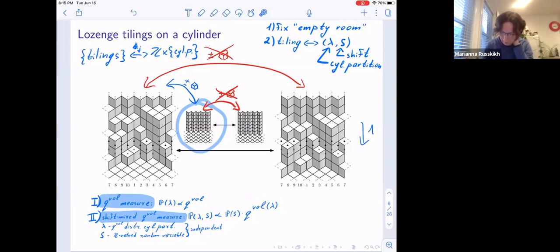So we have two natural setups: one is the Q to the volume measure, and another one is the so-called shift-mixed Q to the volume measure. I will give precise definitions a bit later. Right now, I hope it's clear that there are two different setups, where one deals with cylindric partitions and the other with the pairs of a cylindric partition and the vertical shift, which is equivalent to thinking about Lozenge tilings with boundary conditions fixed at plus and minus infinity, as we described before.